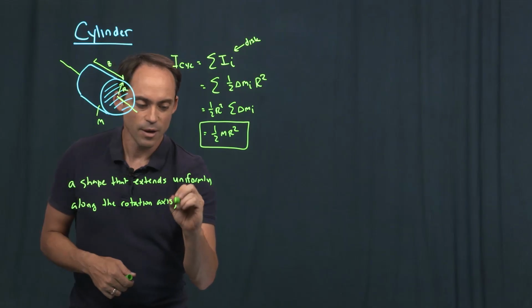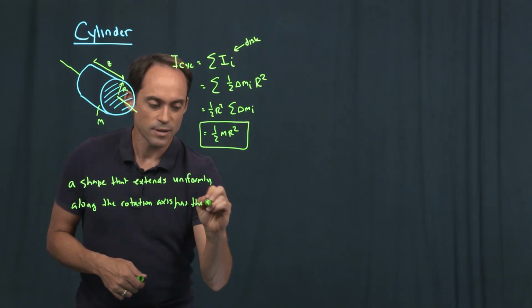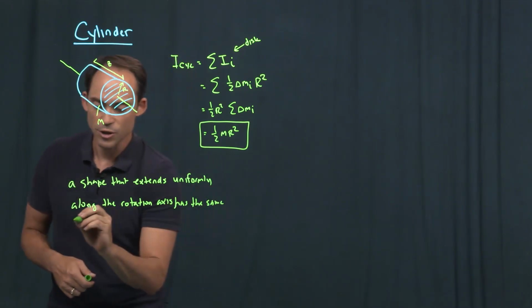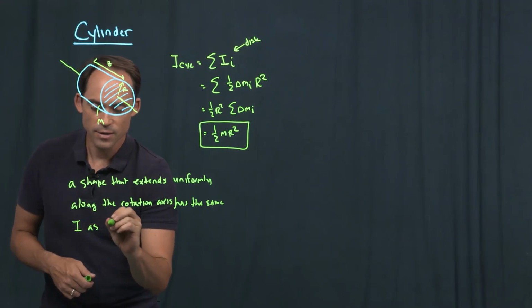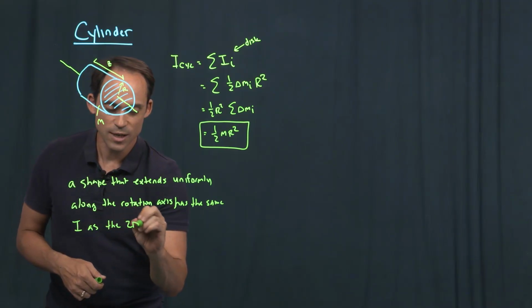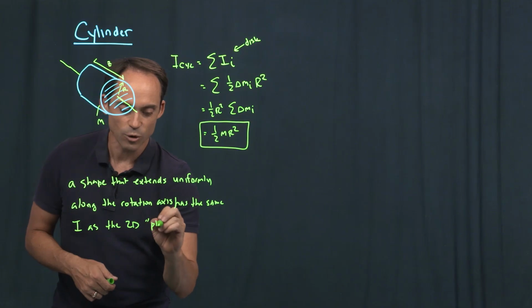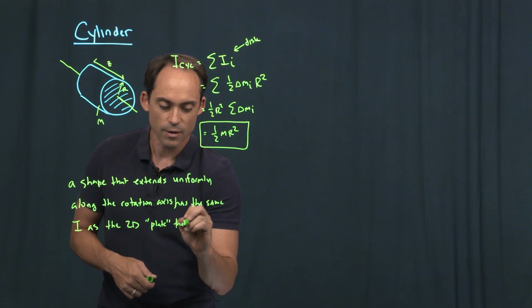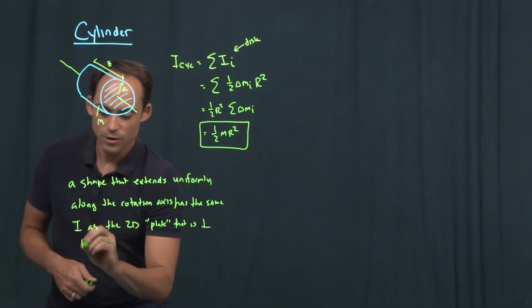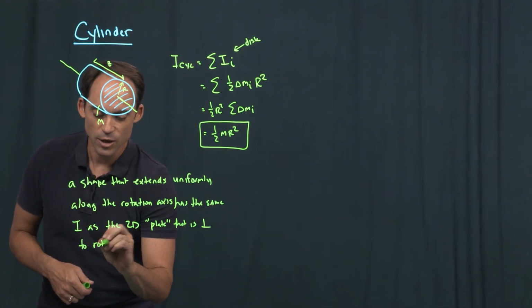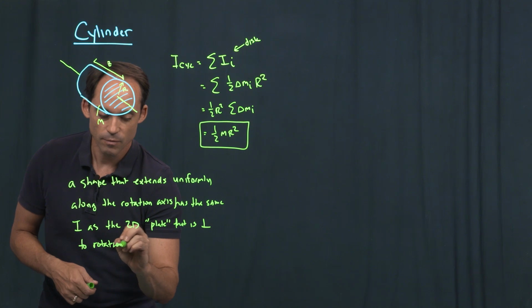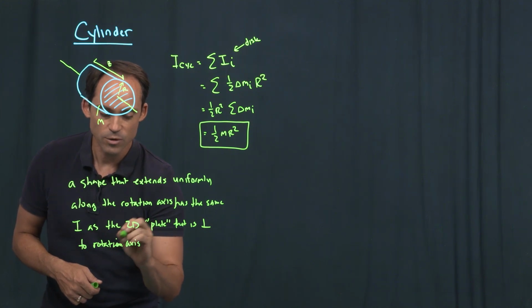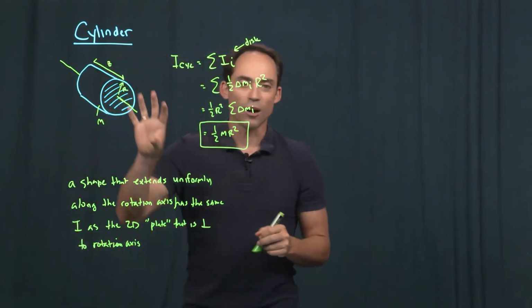That shape has the same moment of inertia as the 2D plate or cross-section that is perpendicular to the rotation axis. Okay, so this is true for our cylinder.